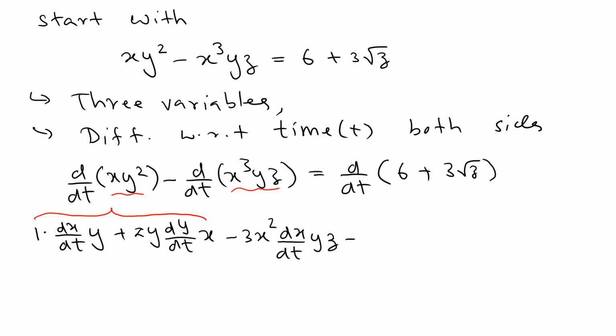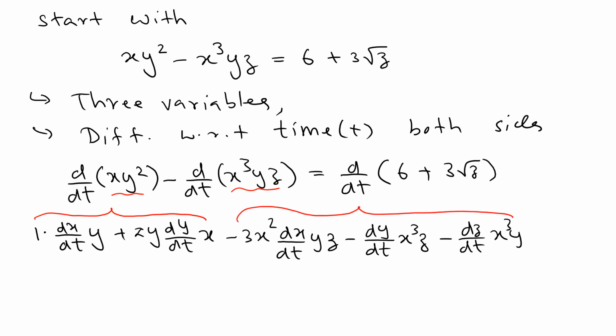Next, we take the derivative of the middle term, so we have dy over dt, and then multiply by the other two, x cubed and z. Then take the derivative of the last term, which is dz over dt. This is the product rule for three terms, and then multiply by the other two, which is x cubed y. So we're done with the derivative of the second term.